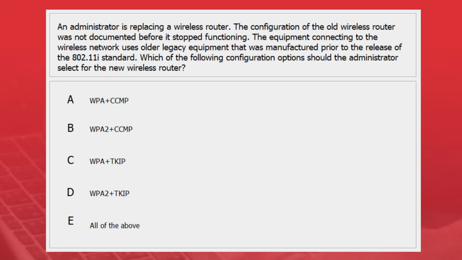Question number 16. An administrator is replacing a wireless router. The configuration of the old wireless router was not documented before it stopped functioning. The equipment connecting to the wireless network uses older legacy equipment that was manufactured prior to the release of the 802.11i standard. Which of the following configuration options should the administrator select for the new wireless router?